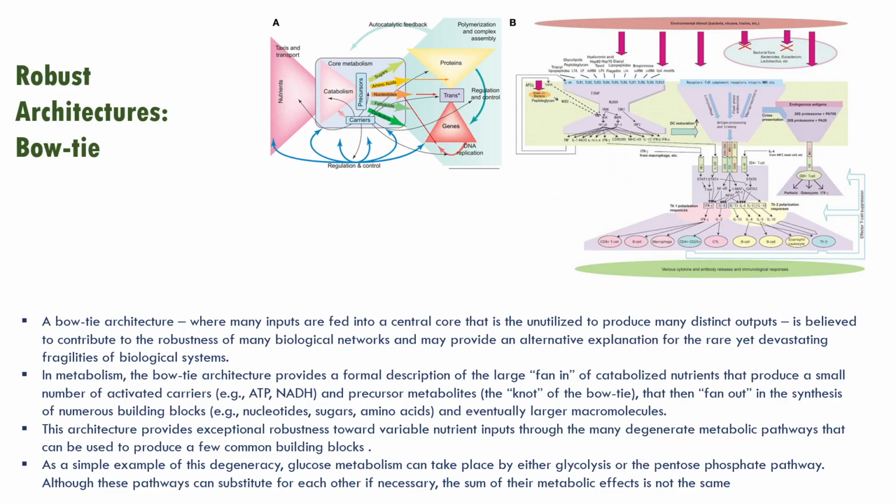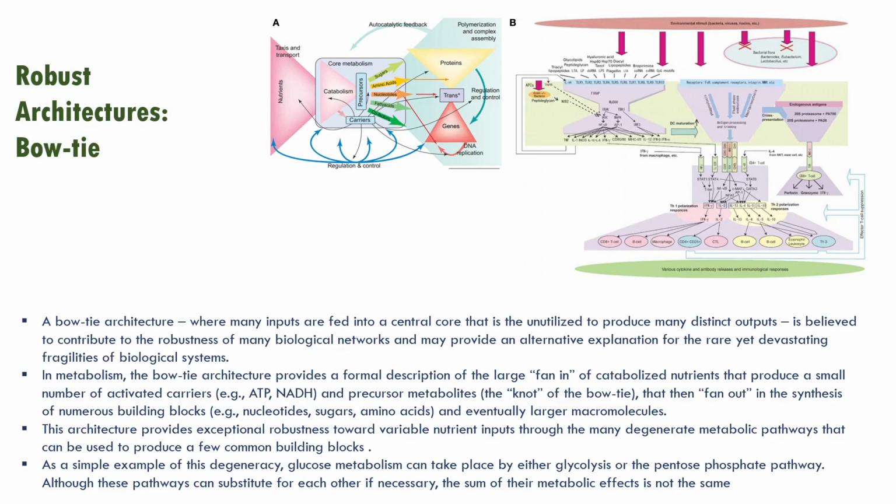So the input is the fan-in, the nutrients here. This is the precursor, which is the small core module, and after that it will produce different outputs. The outputs they are calling fan-out, the input fan-in, and the middle they're calling the knot of the bow tie.